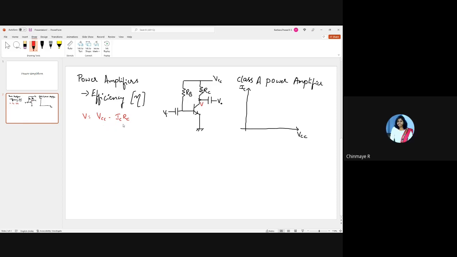That will be when IC is equal to 0. V is nothing but VCE. So the maximum value this VCE can take is when IC is equal to 0, and that maximum value is VCC. Correct? So what is the minimum value VCE can take?